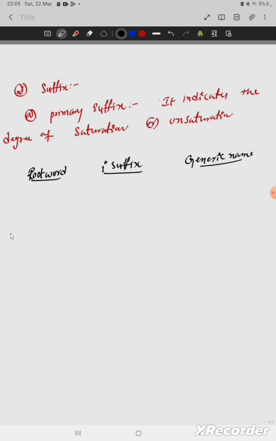For a saturated compound, carbon single bond carbon, the generic word is alk for all carbon chains, the suffix is ane and the generic name is alkane.